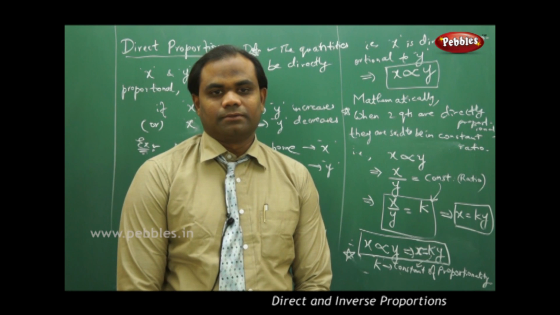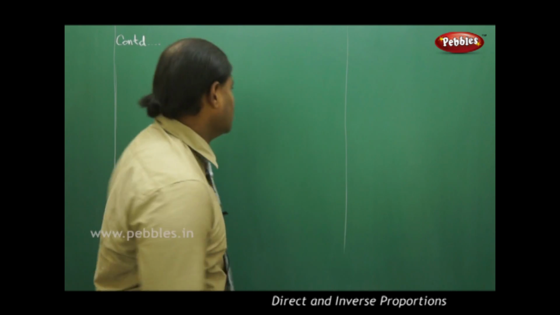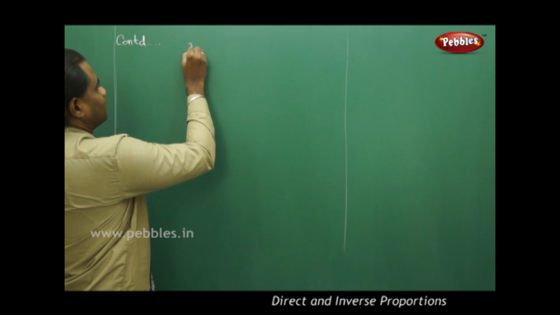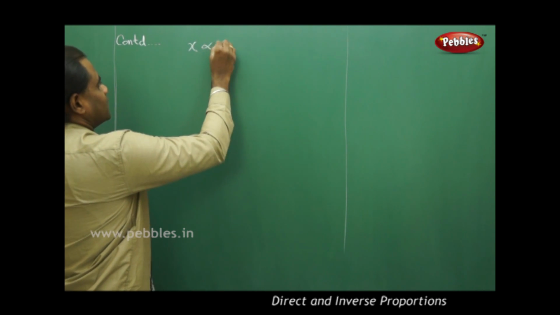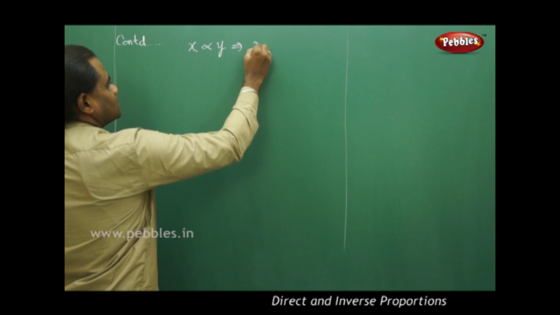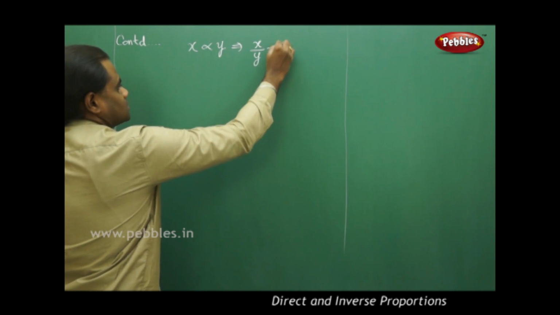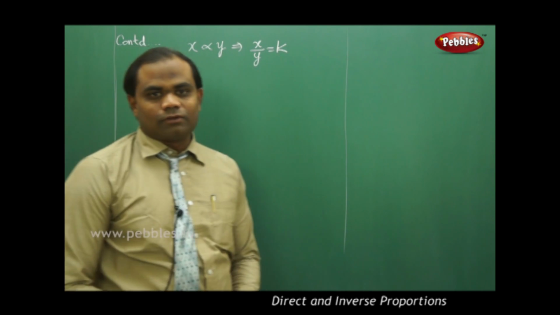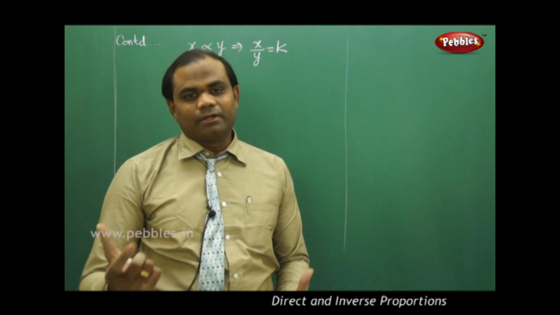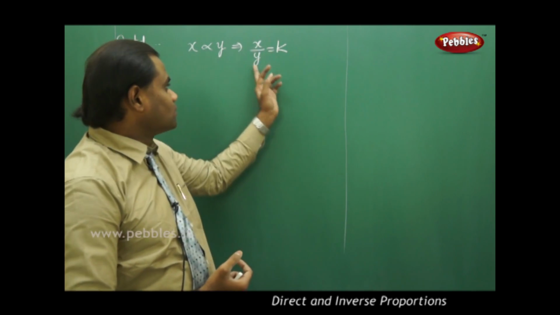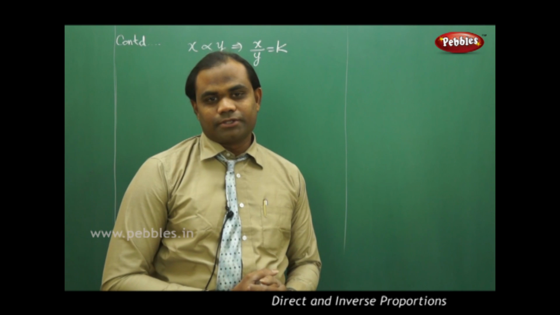So now that we understood the direct proportion concept mathematically, to recap from the previous session, x is directly proportional to y implies x by y is a constant ratio. For the quantity x and quantity y being directly proportional, the ratio of the quantities must always be a constant ratio.